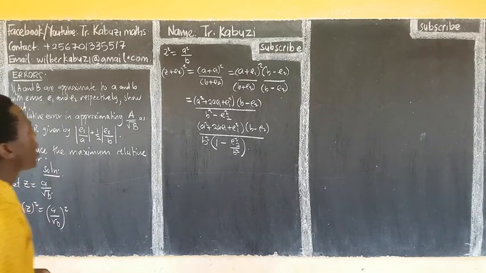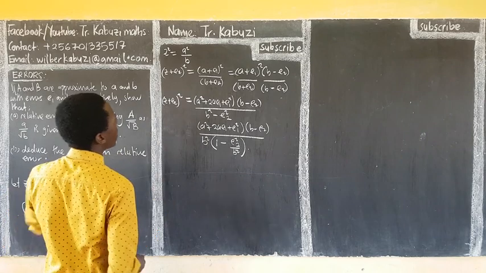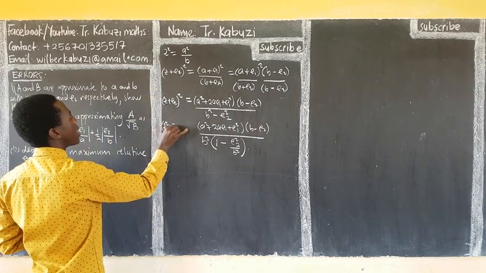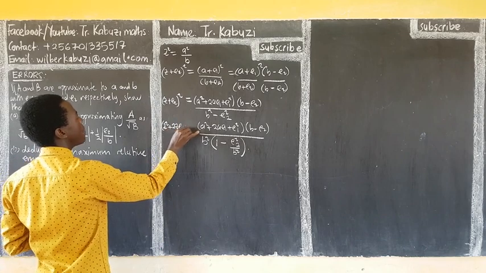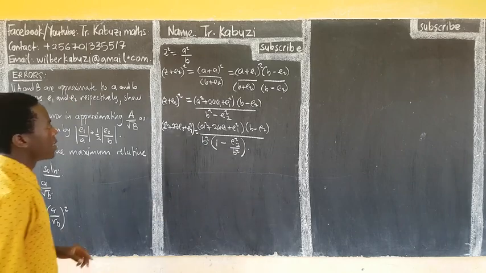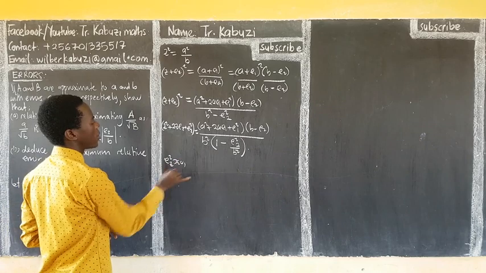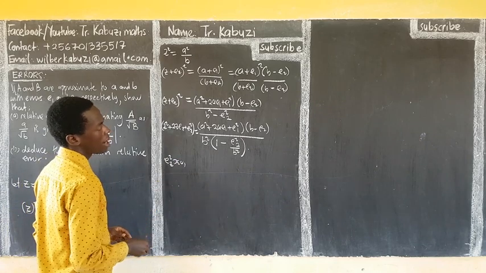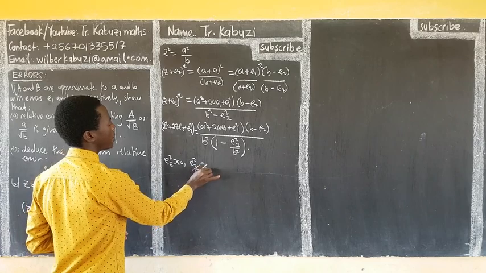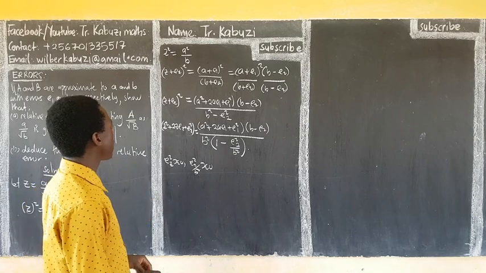So let us expand this. We shall have z squared plus 2z e z, then plus e z squared equaling the whole of this. Now look at our e z squared, it will approximate to 0. What else? e2 squared over b will approximate to 0. Something small, even if you square it, will also approximate to 0.